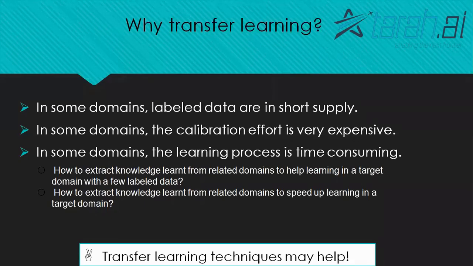Why should everyone who wants to develop a program have to develop a ground-up model by labeling the entire data, cleaning the entire data, training the architecture on the entire data, etc.? Instead, can we borrow from software reuse and extract knowledge learned from related domains in terms of libraries, and can we use that to help learning in our context where we have very few labeled data, or use it to speed up learning in our own domain instead of having to do everything greenfield?